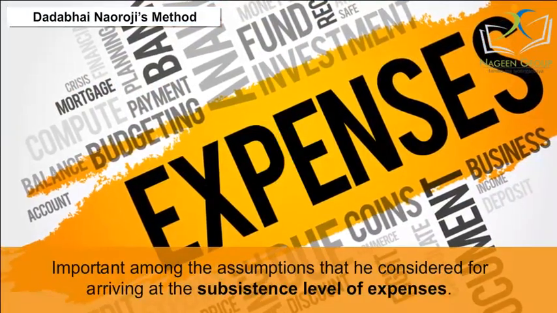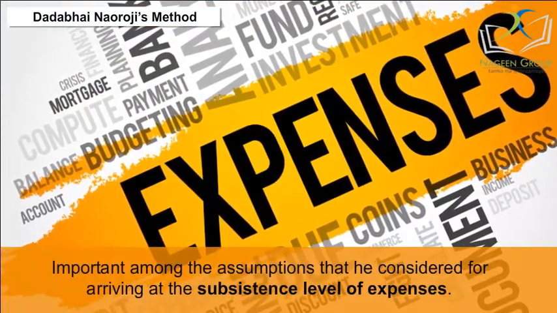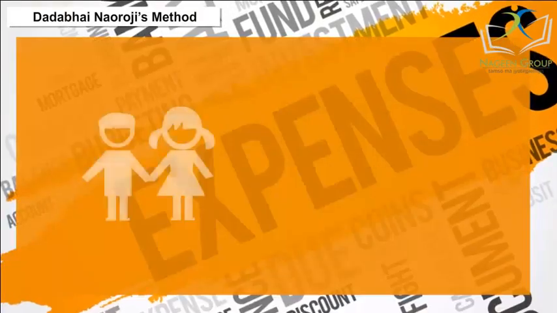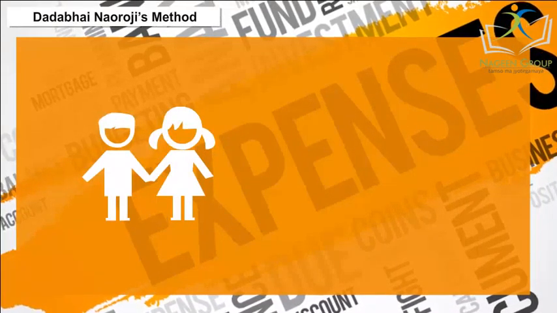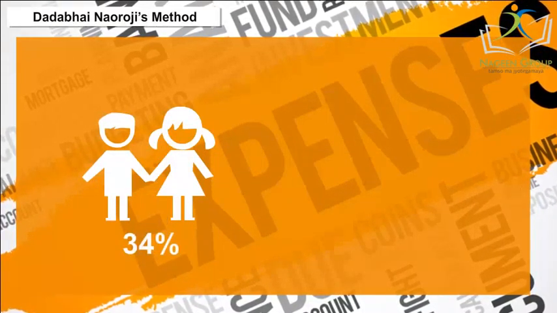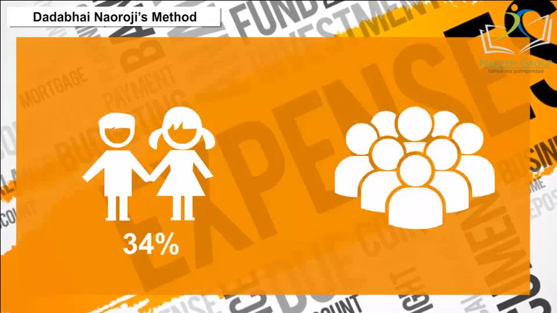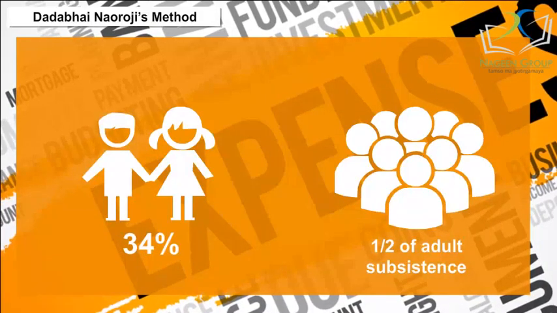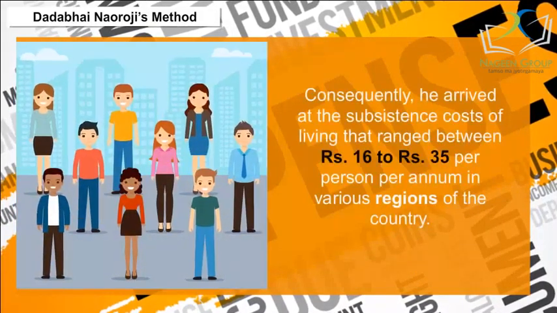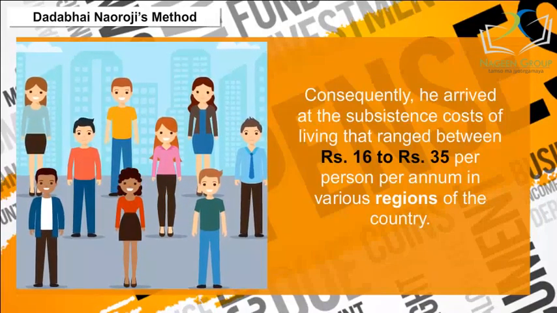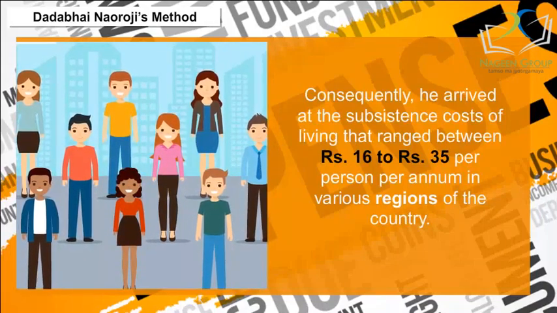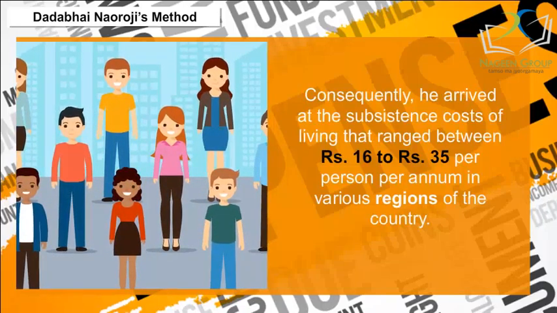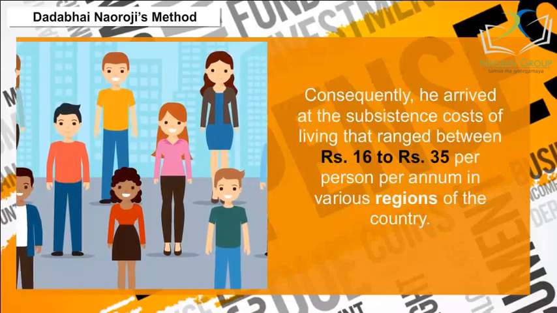Important among the assumptions he considered for arriving at the subsistence level of expenses was that the child population, about 34%, did not cost anything, and the remaining half cost one half of the adult subsistence requirements. Consequently, he arrived at a subsistence cost of living that ranged between 16 rupees and 35 rupees per person per annum in various regions of the country.